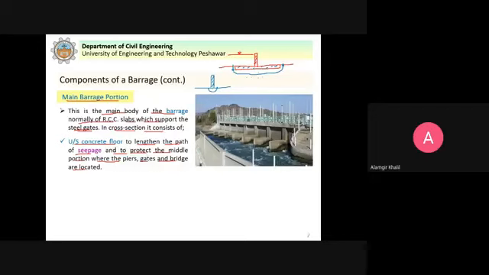So in this case, the danger to the structure will be more as compared to here. We will study the theories of seepage, so there you will understand. So the upstream concrete floor, what is the main purpose? To lengthen the path of seepage and to protect the middle portion where the piers, gates and bridge are located.